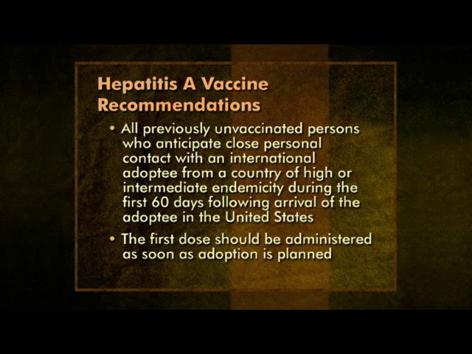ACIP continues to recommend hepatitis A vaccination for groups at increased risk of hepatitis A infection. In 2009, ACIP added a new group to those recommended for routine hepatitis A vaccination.